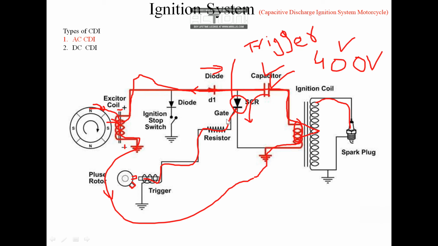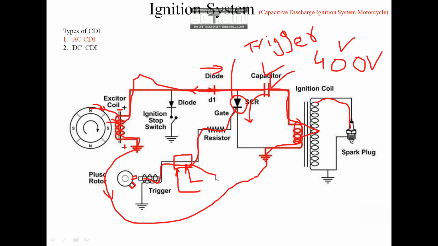These are the units included in the AC CDI. Even though I told you there is an ECU present in some cases, in those cases we call this CDI a programmable one, because a program gets fit into the ECU. Not only one input is taken by that ECU, it takes a number of inputs from the engine coolant temperature sensor, RPM sensor, and throttle position sensor also.